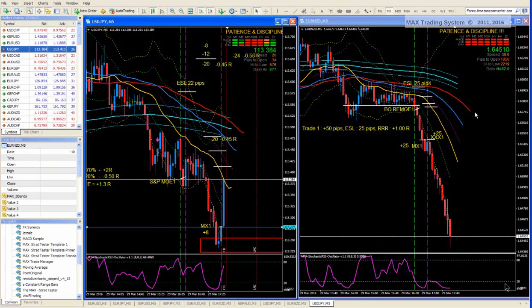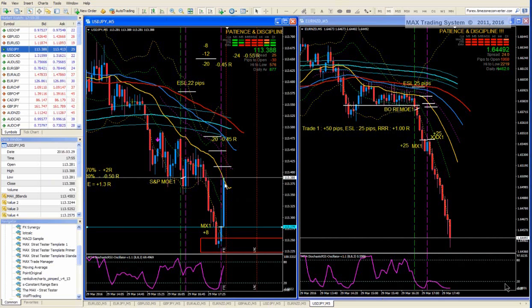Okay, now we have here on the USD yen pair the setup bar, possibly the setup bar for the movement invalidation. But we have to wait for the close of this candle in a few seconds.